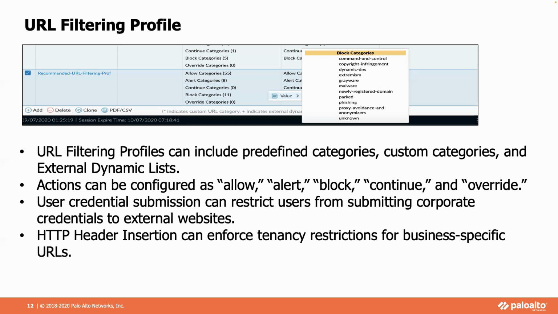And then there's an override function, which is primarily for our on-premise firewalls that lets you have a password that you could use to get around one of these block screens. But the alert and block and allow functions are what you would primarily be using with Prisma Access.